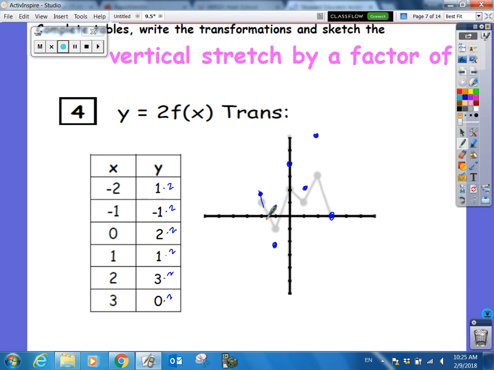So, see, you have a vertical stretch. If it was above the x-axis, it goes higher. If it was below the x-axis, it goes lower. So it is vertically stretched, again, by a factor of 2. Very important to list that by a factor of.